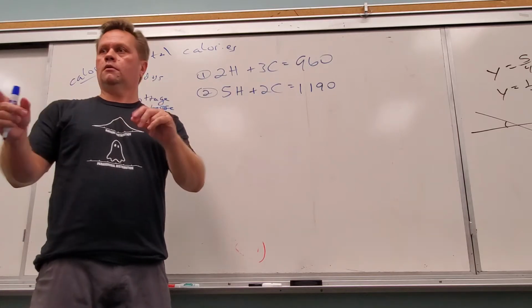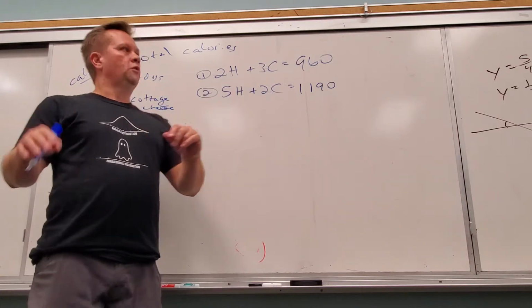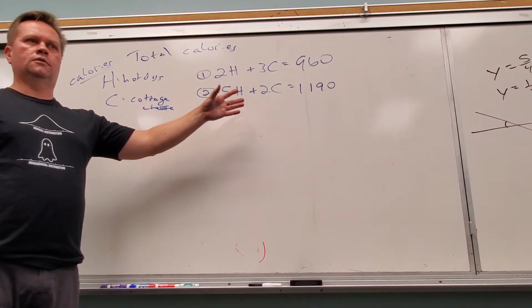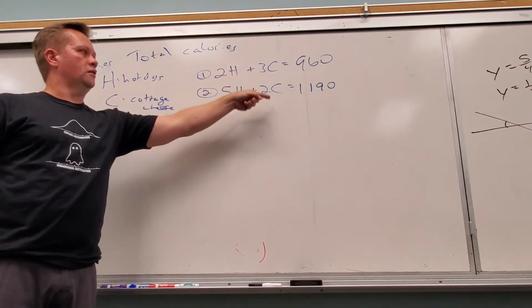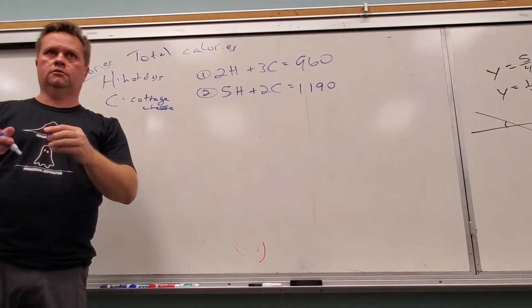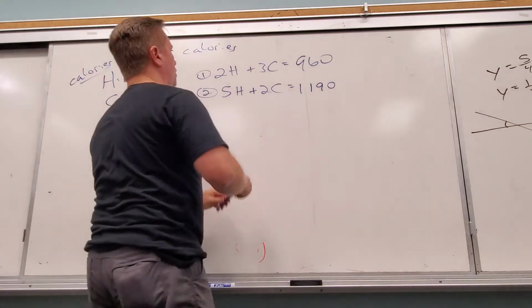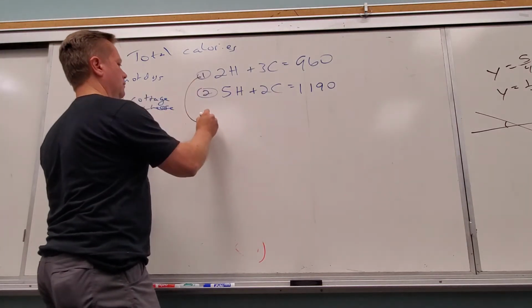That would change the equation. Which letter do you guys want to kill? C, because of the smaller numbers. I like it. Might as well make the numbers as small as you can. And what would you have to multiply the first one by? 2.